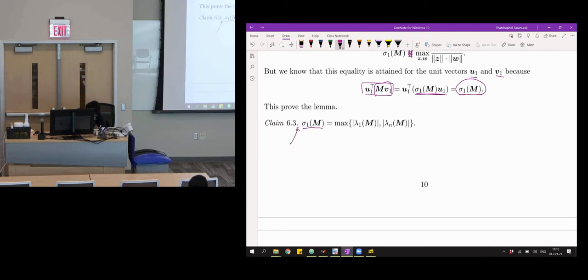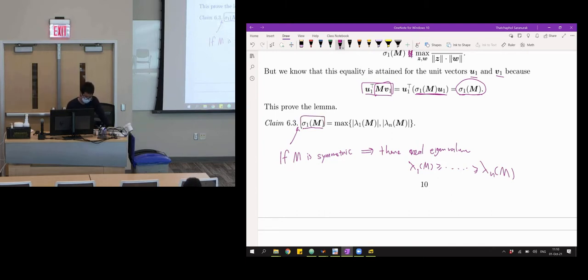Suppose that M is symmetric, so there exist real eigenvalues of M, and you write them down and sort the eigenvalues of M. Then the first singular value of M is nothing but you take the absolute values of these and take the maximum one. And the proof is quite simple too.